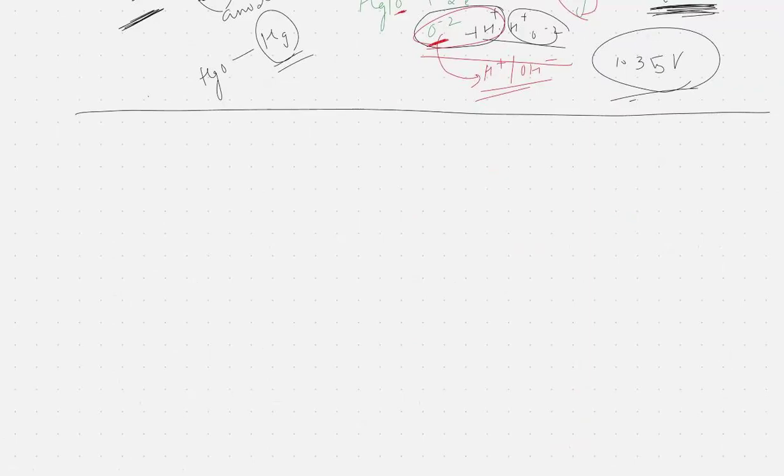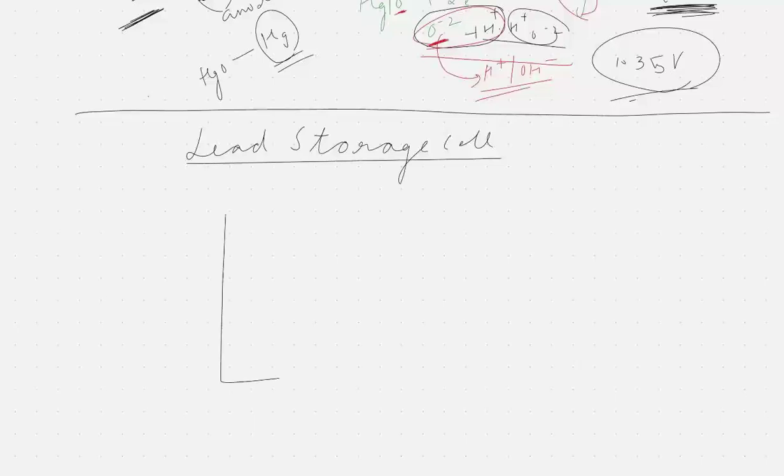Then we have the lead storage battery. This is a secondary cell. Here we have this kind of situation. This is a battery, a lead storage cell.